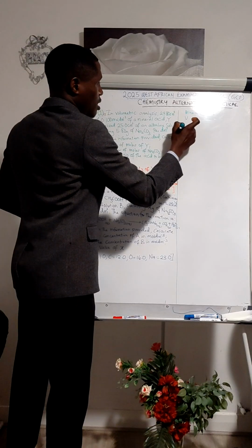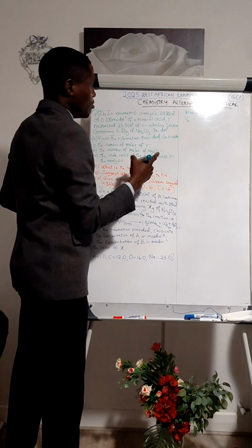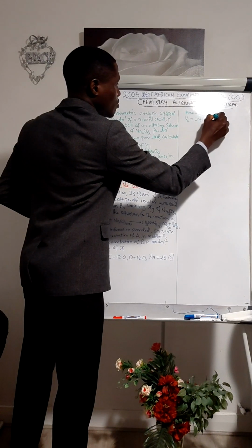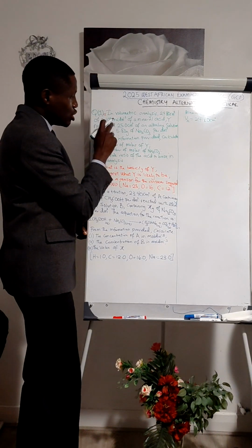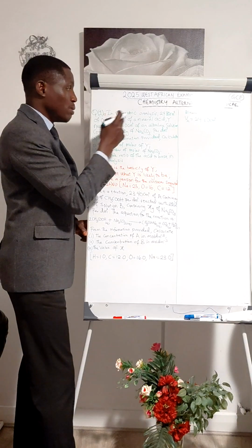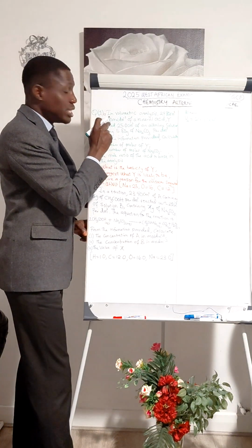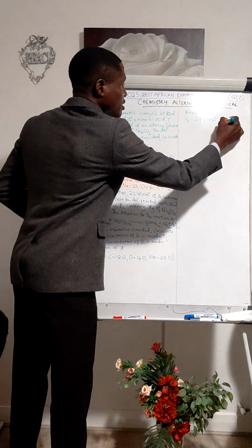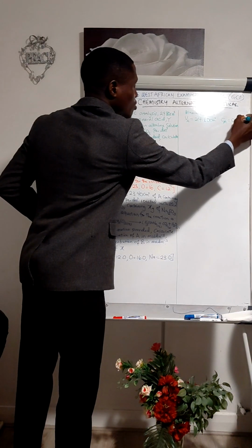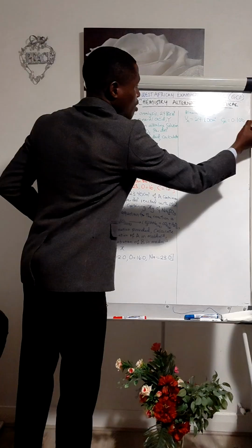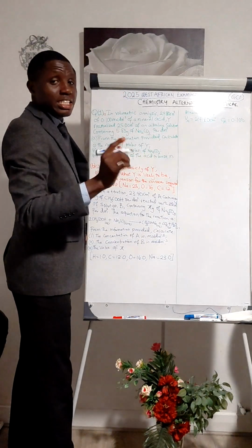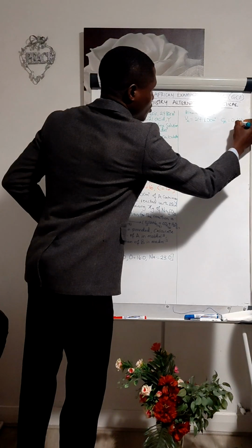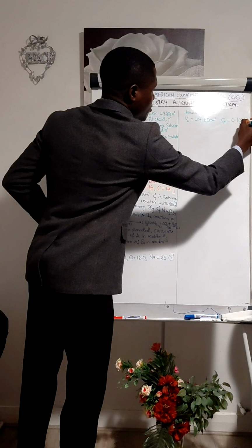The volume of the mineral acid used, which I would call VA, is 24.8 centimeter cube, and the concentration is 0.100 mole per dm cube. Mole per dm cube and molarity are the same unit, so I'm going to be using mole per dm cube according to the question here.